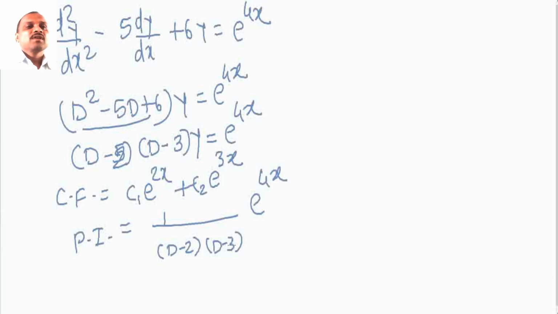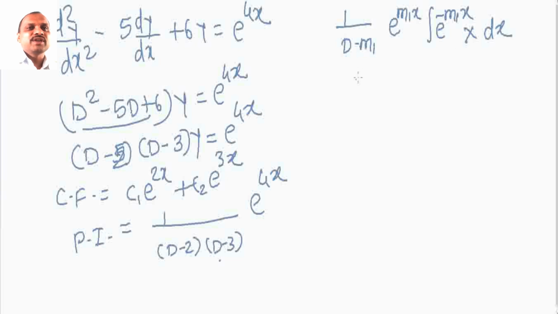Okay, so look at this. I am operating this on this. 1 divided by D minus m1: how have I operated it? I have written it as e raised to m1x into the integration of e raised to minus m1x into capital X dx. Here I am operating D minus 3, so I just write m1 as 3.